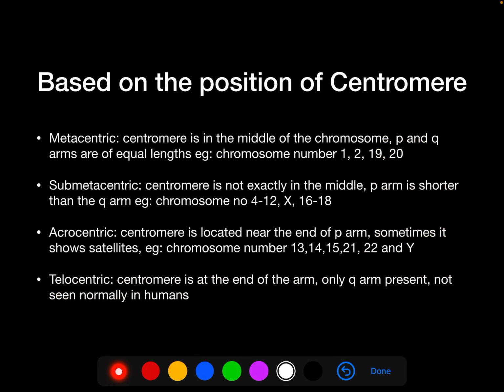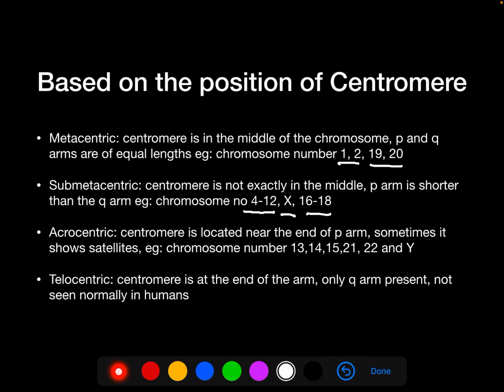So based on the position of the centromere, in the metacentric chromosome the centromere is located in the middle, so the P and Q arms are of equal length. Examples are chromosomes 1, 2, 19 and 20. In the submetacentric chromosome, the P arm is shorter than the Q arm, and the examples are chromosomes 4 to 12, X, 16 and 18.